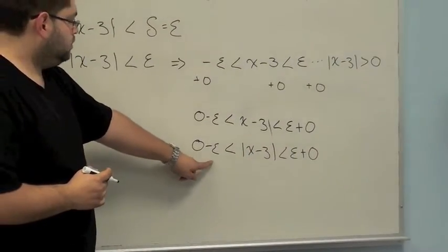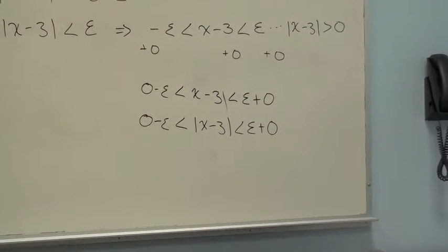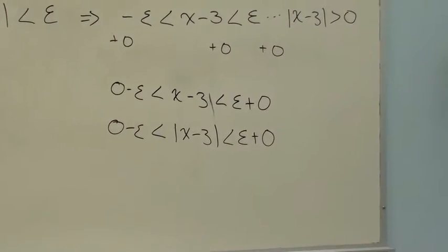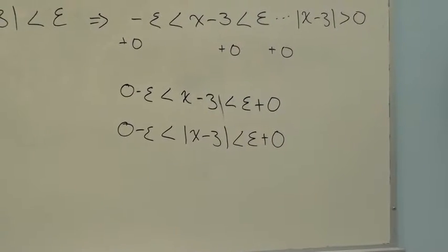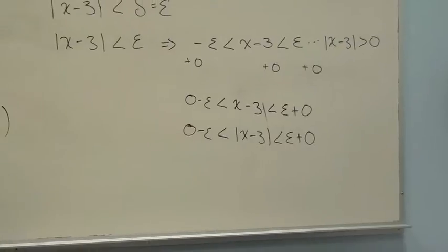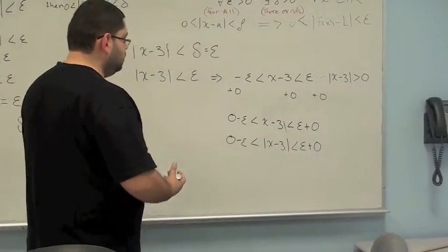You may say, but this value here is negative. But again, I'm not saying that my absolute value is negative, I'm just putting that as a boundary. I'm just saying that my absolute value is between two numbers, so I'm not changing much of what we were saying before.